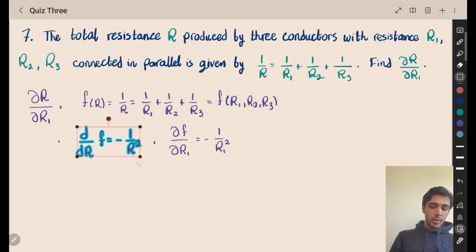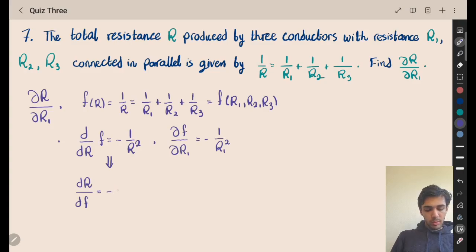And maybe we'll flip the other one. So in other words, this would imply that the rate of change of r with respect to f is equal to minus r squared.